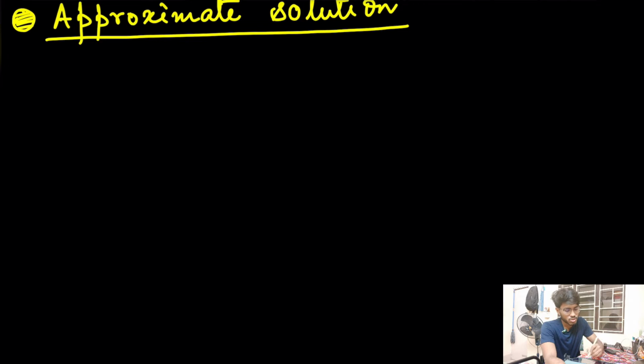I will again just draw the 2D representation of the given problem. So this is our wall. Let me draw it nicely, because I feel drawing has something to do with your understanding. Otherwise you will lose your interest.